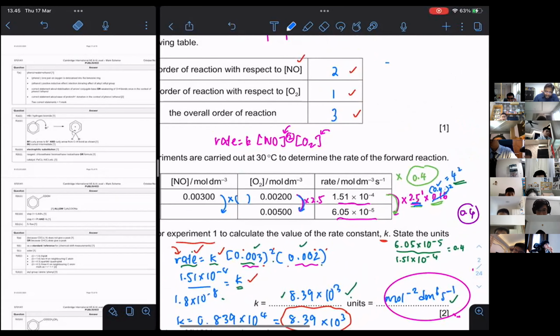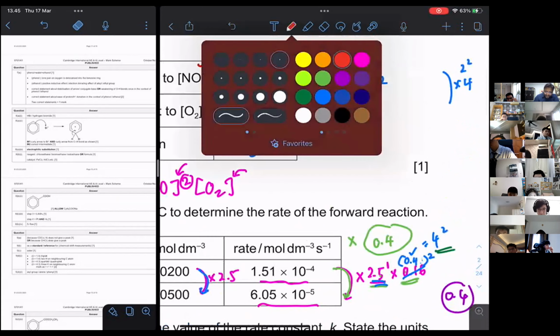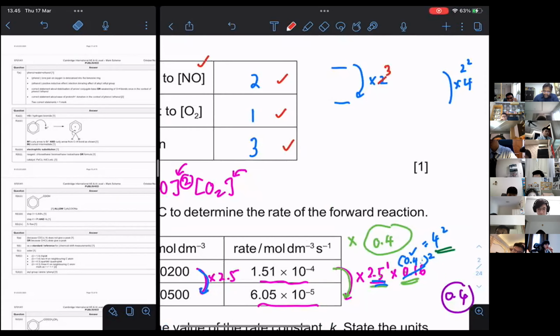For example, when I say times by 2, second order means times by 4. Am I correct? That is going to be 2 to the power of 2, right? Now, what happens if I times by 3? Then this one is going to be times by 9, which is 3 to the power of 2.